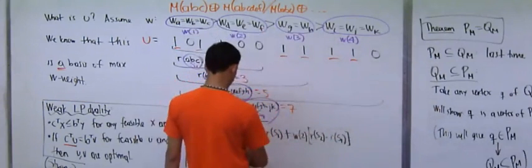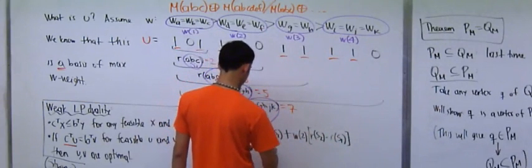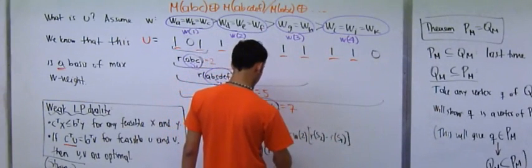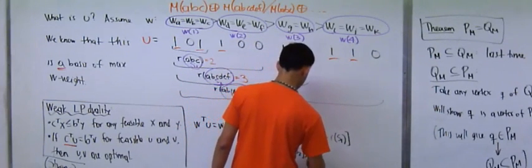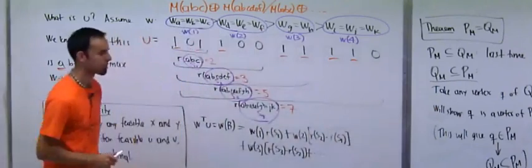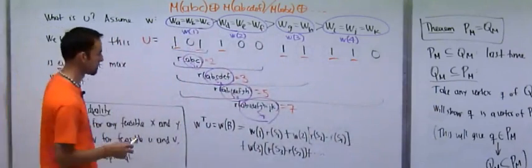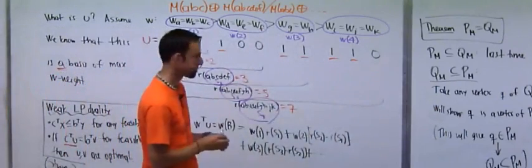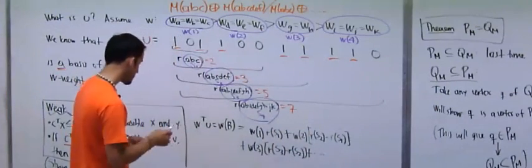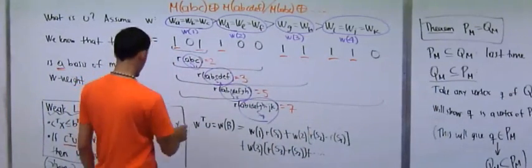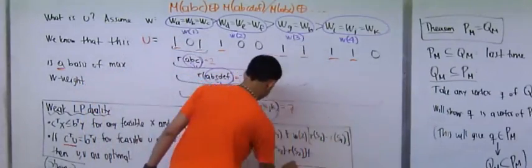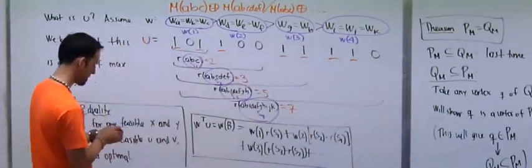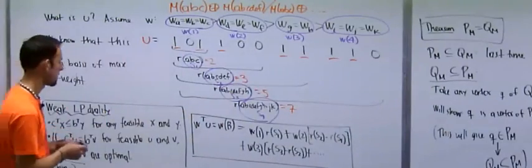Then the number of elements of weight 3 that I choose is the rank of S3 minus the rank of S2, and so on. Okay? Until the last weight. So this is W transpose U. Okay?